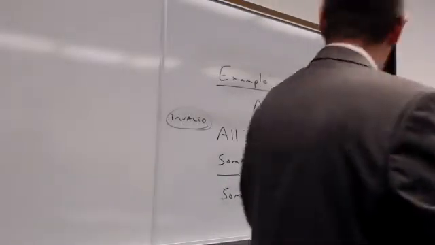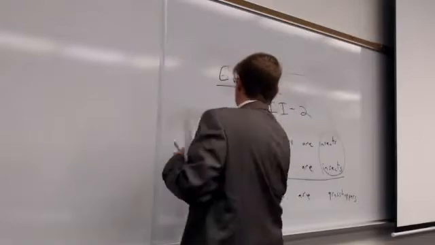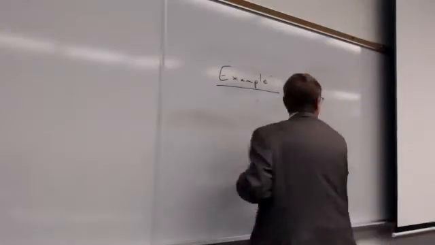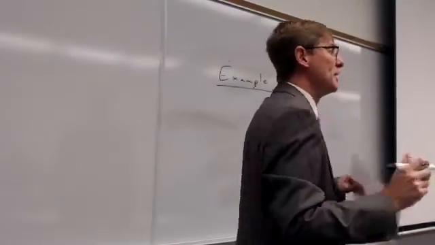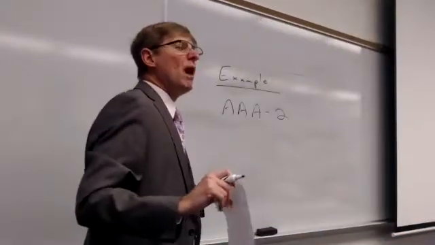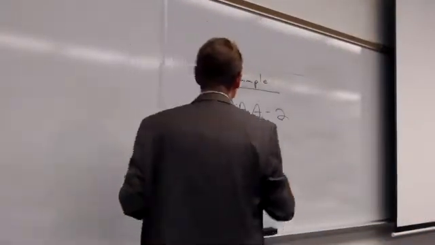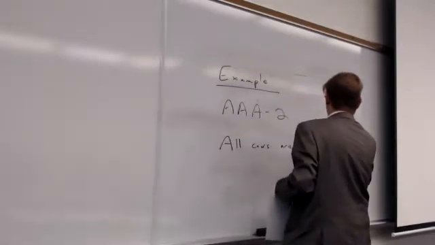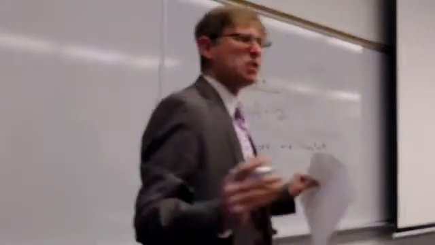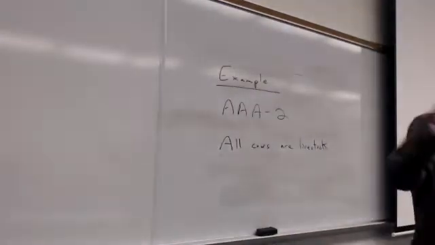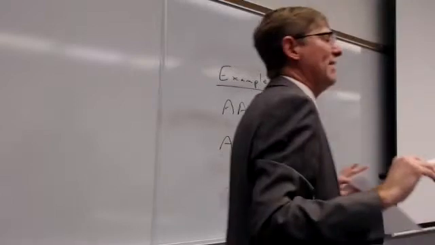How about I give you one more? This is another one that you've seen is invalid, also because of an undistributed middle term. So I guess I better not give you this one on the test. AAA2 is invalid. All cows are livestock. I would say that's generally true. I guess they have pet cows and someone might not define them as livestock, but we'll pretend that's not so.